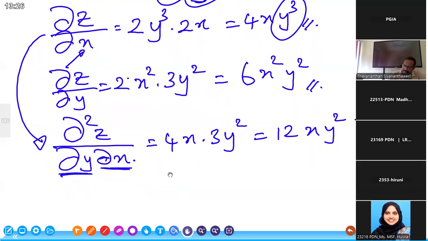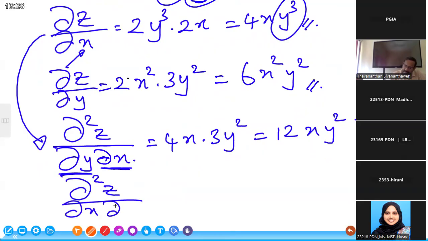Similarly, if you want to differentiate ∂²z/∂x∂y, the function which has already been differentiated with respect to y is now going to be differentiated with respect to x.